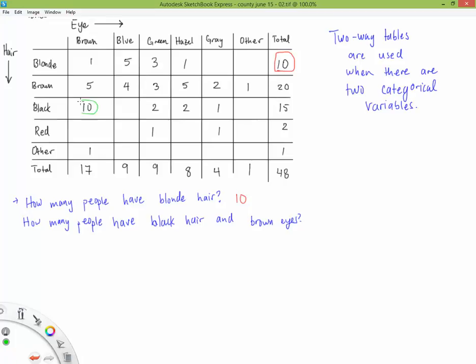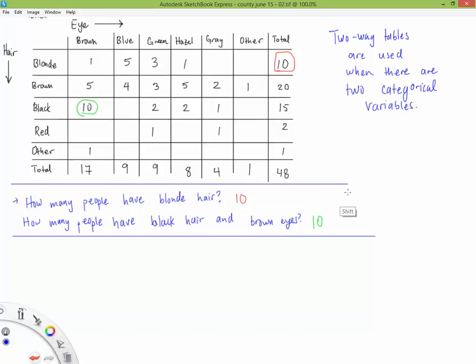We look at this number, black hair, brown eyes, and we say 10. Okay, so those questions are easy. Okay, but that's the first thing of using a two-way table, is being able to answer those questions. And I think we can answer these, right? And I can say, how many people have green eyes? And you'd say 9. Okay.